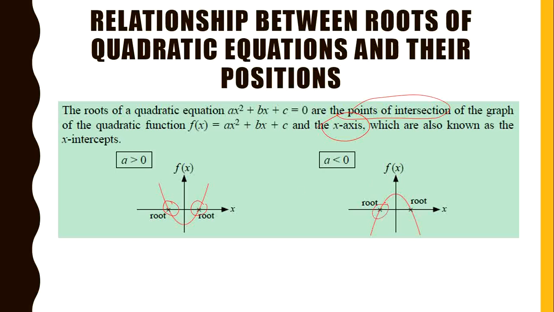Ini adalah nilai dia punya root dalam graf. Kita kira lah dia senyum ke dia masam. So root tu berada bila mana, dia wujud bila mana graph of quadratic function tu dia merentasi. Ataupun dipanggil intersect. So dia dipanggil x-intercept.